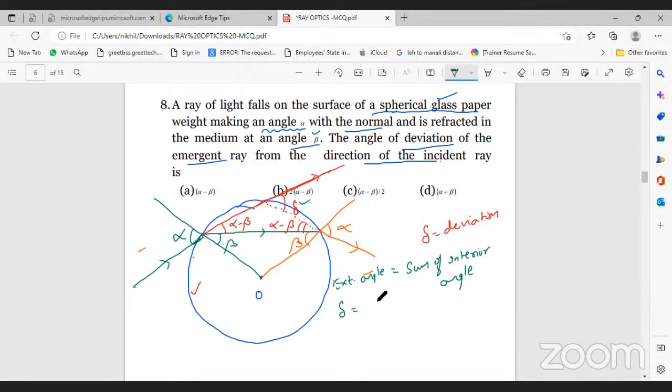The sum of the interior angles is alpha minus beta plus alpha minus beta. So delta will be equal to 2 times what? 2 times alpha minus beta. So what is the deviation produced by the ray? Option B, 2 times alpha minus beta.